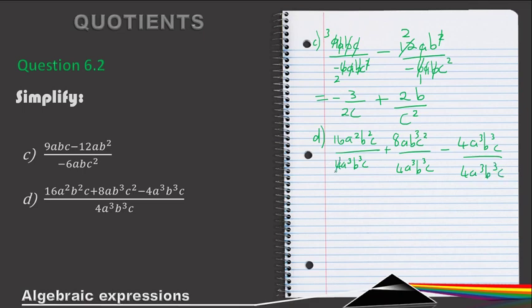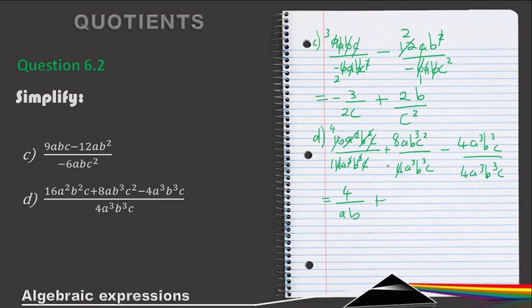Okay, 4 goes into itself once, into 16 4 times. Then 2 a's cancel with 2 at the bottom, 2 b's cancel with 2 at the bottom, and the c's cancel. So for the first term, I've got a 4 in the numerator, and then I have in the denominator an a and a b.